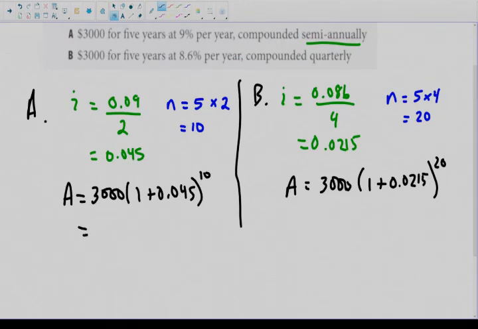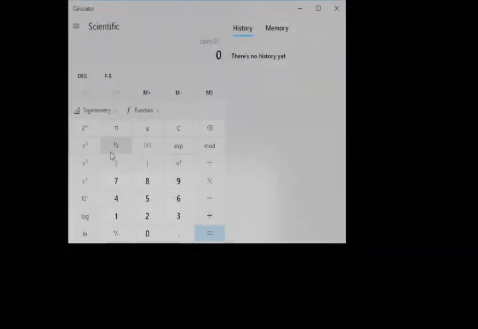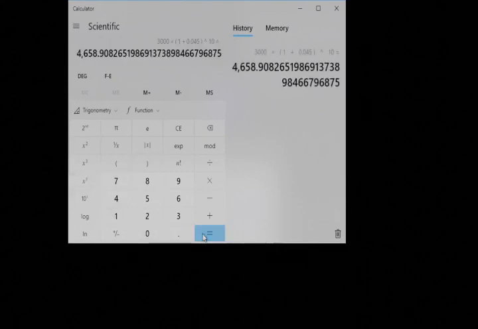So let's go back to our calculator. We have 3,000 times bracket 1 plus 0.045 bracket power of 10 equals. So I know you can't see it, but I'm going to write it down right now. You can see it on the calculator anyway.